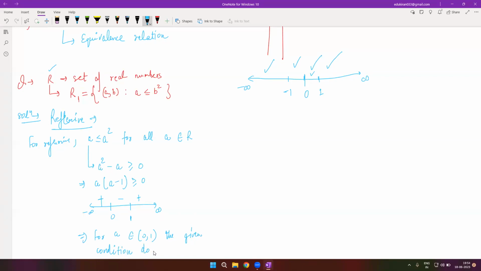One way to solve is like this. Or another way is just take one example where the case fails.